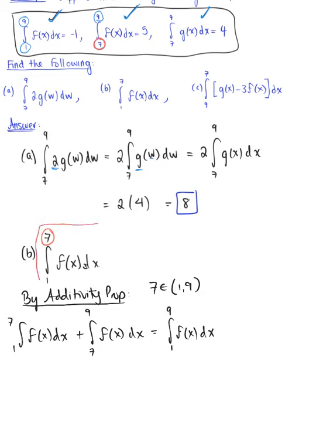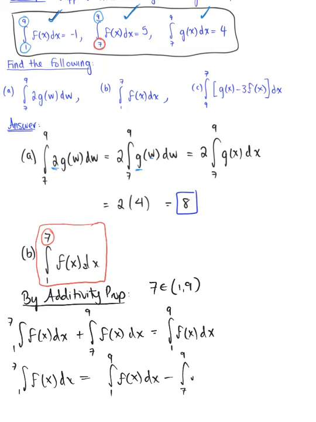We want to solve for the definite integral from 1 to 7. Using a little algebra, we can subtract the definite integral from 7 to 9 of f of x dx from both sides. This leaves us with the definite integral from 1 to 7 of f of x dx equal to the definite integral from 1 to 9 of f of x dx minus the definite integral from 7 to 9 of f of x dx. Good old algebra to our rescue again.